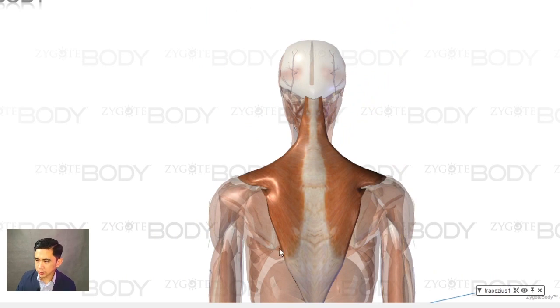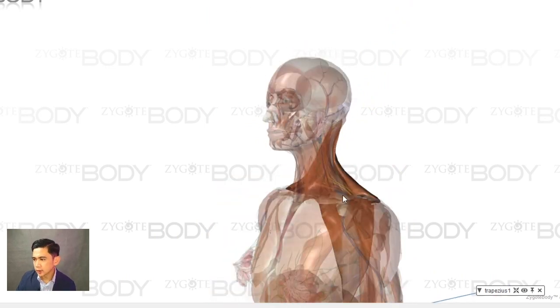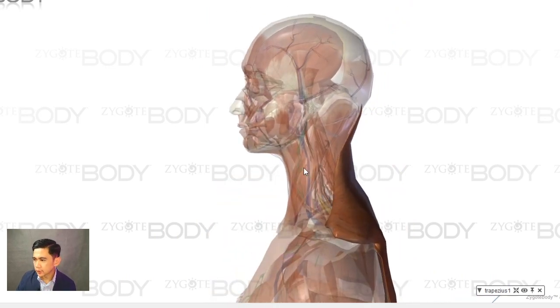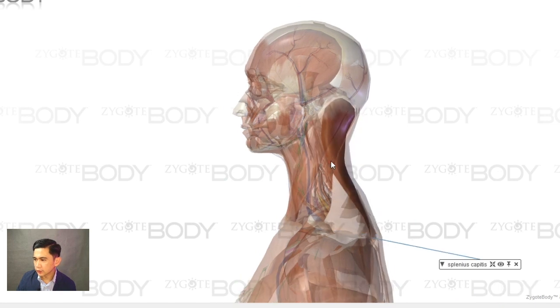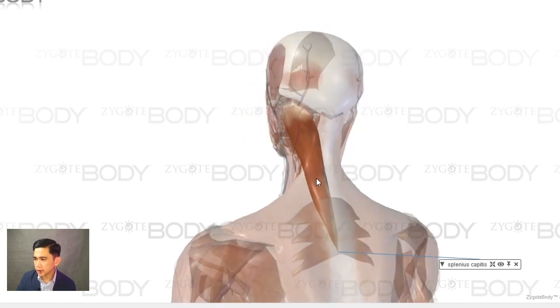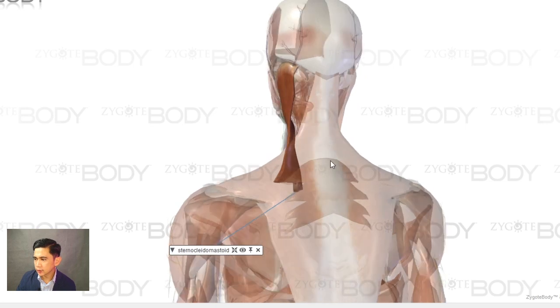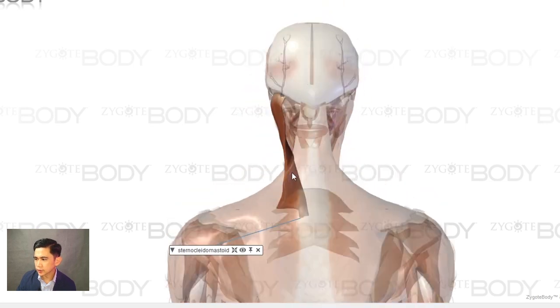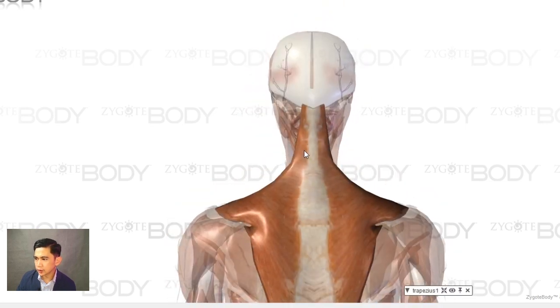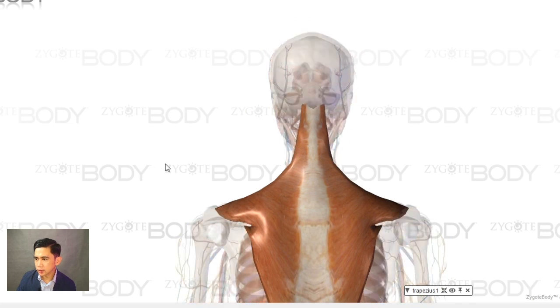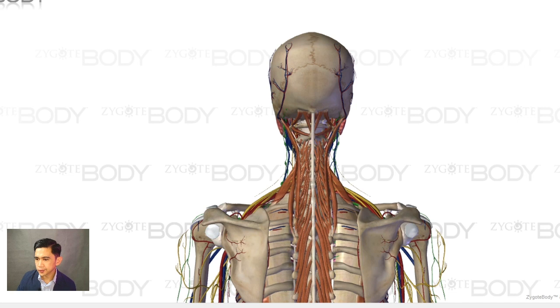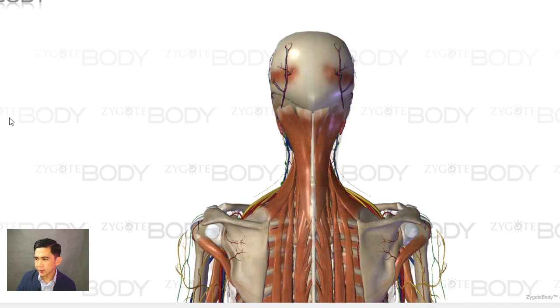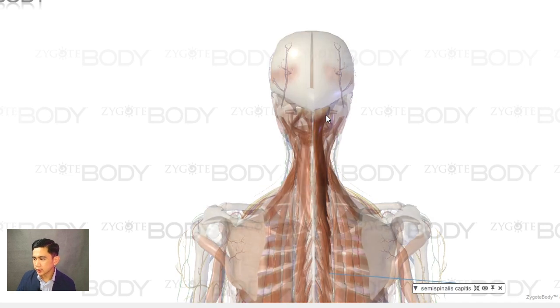Spans from the head, shoulders, into the lower back. Okay, now we have here the splenius capitis, it goes to the side. And we have here the semispinalis capitis. Okay.